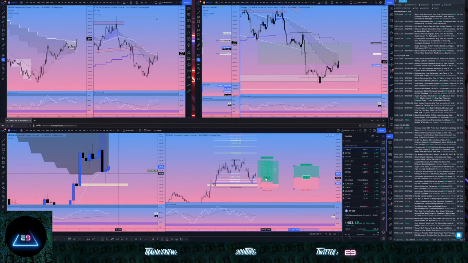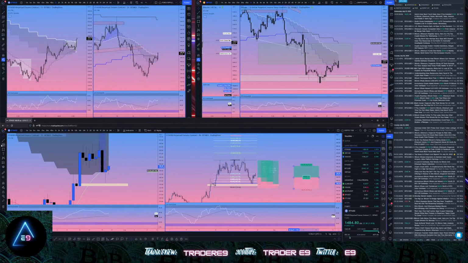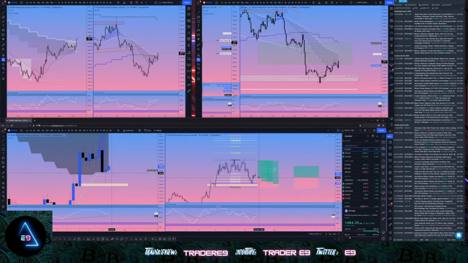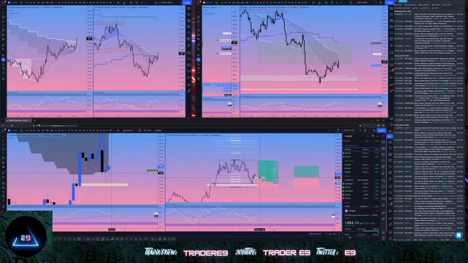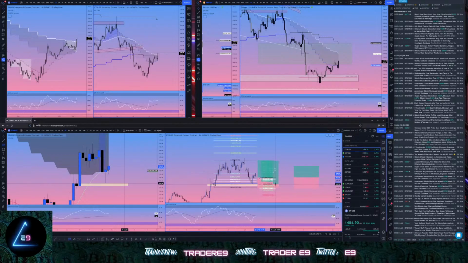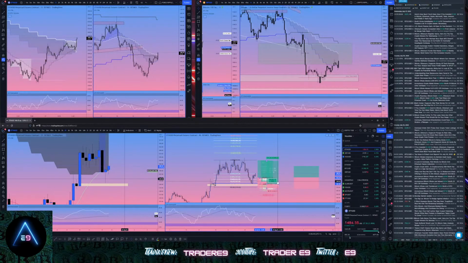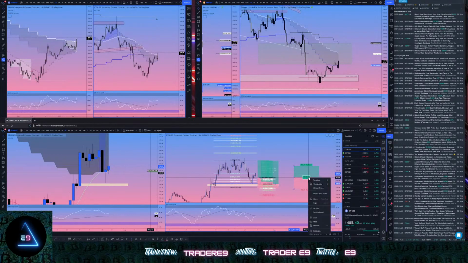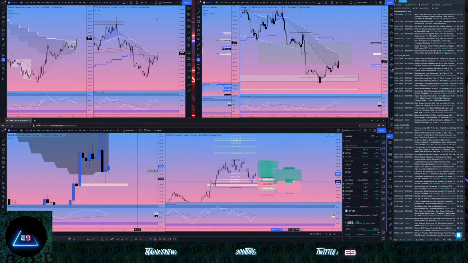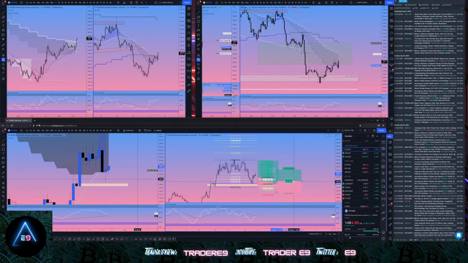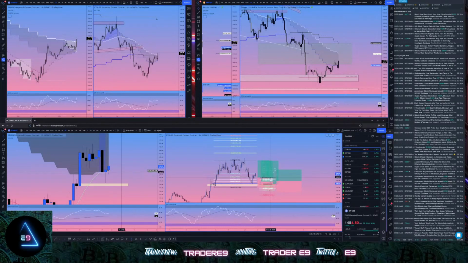So you can just get another Fibonacci tool, draw this, locate the 50% level, and then your trade is right there. That's where the entry point is.